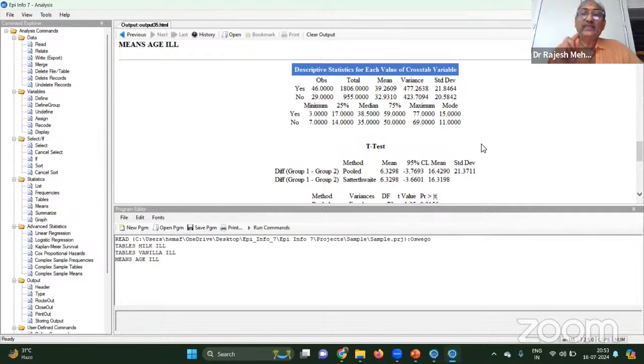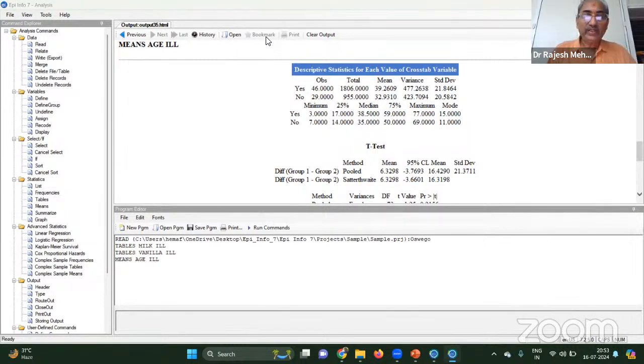And whether this difference of 39 years and 32 years, this difference of around 6 to 7 years, is significant or not?